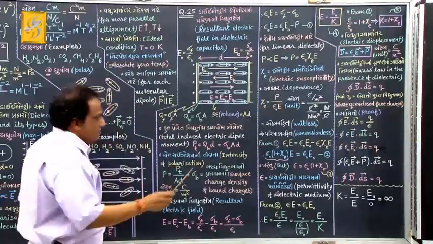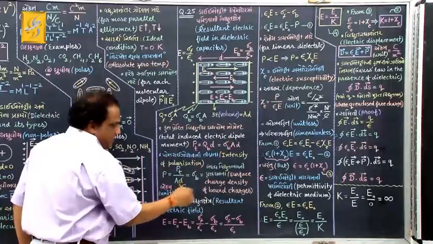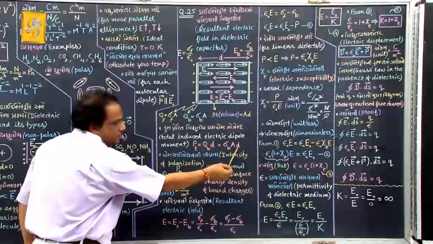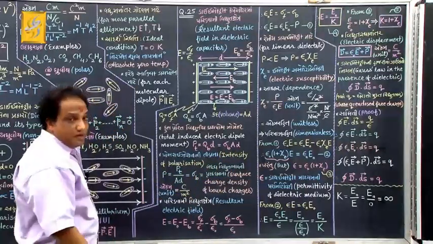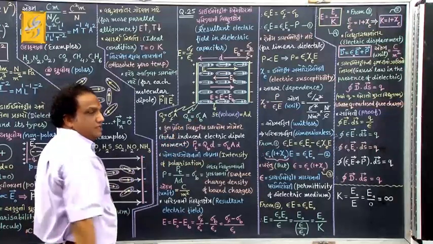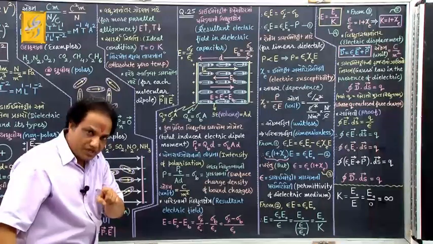If you find PT upon A into D from here, then when you transfer this A into D to the denominator, what is left out here? Sigma B. But what was sigma B? Sigma B was known as bound surface charge density, or surface charge density of bound charges.